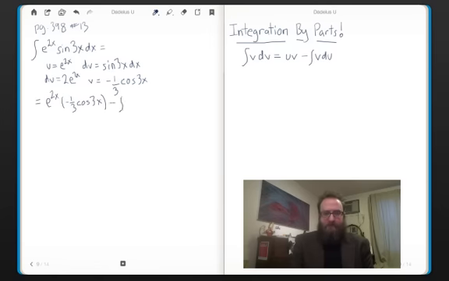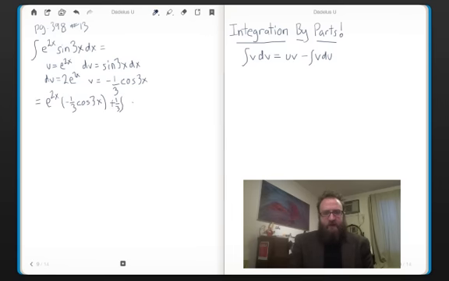Minus the integral, another integral, of v du. Well, v is again negative 1/3 cosine 3x. Now, we're going to take the negative 1/3 out. So I'll go ahead and make this minus sign a plus sign, because we're taking the negative 1/3 out. And I'm going to squeeze my 1/3 right here in front of the integral.